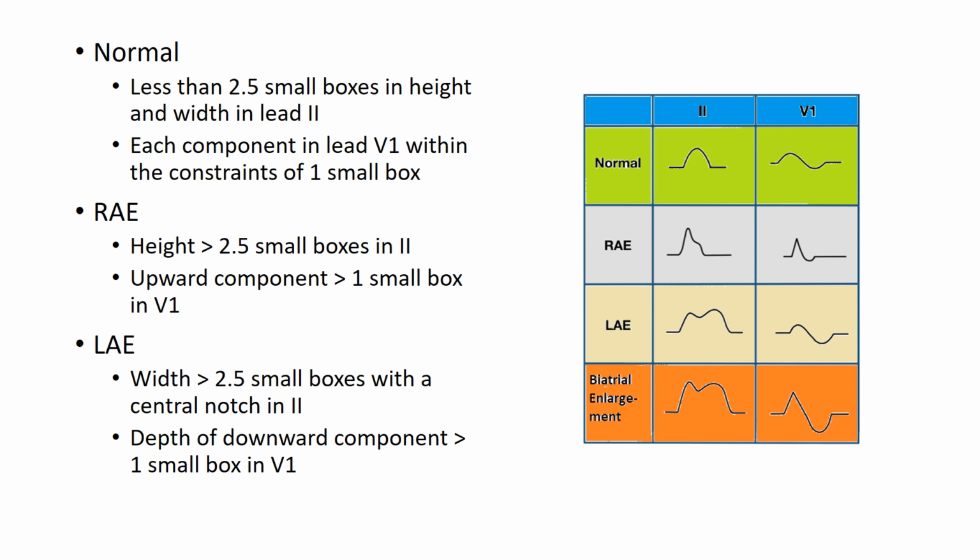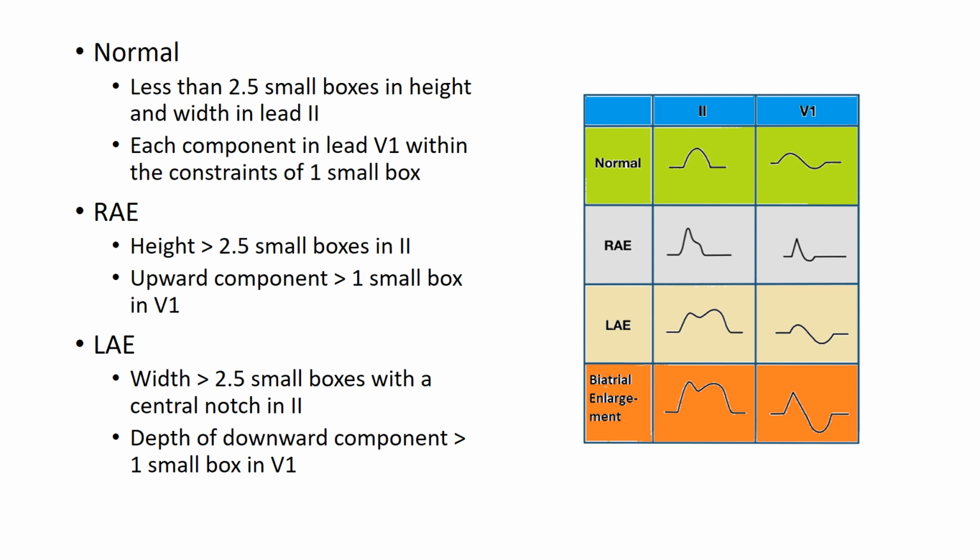When there is right atrial enlargement, the height of P wave in lead 2 is more than 2.5 small boxes, and it is usually peaked as is shown in the figure.